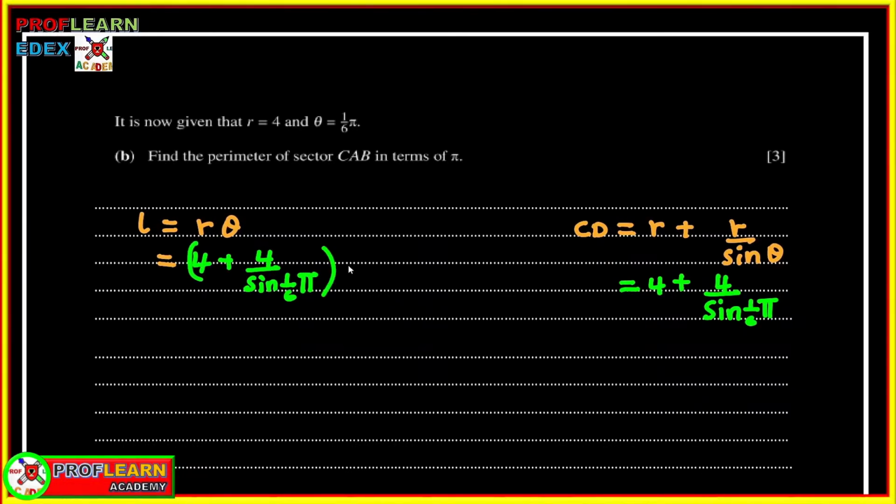Then we are going to multiply this radius by the angle, and the angle is going to be 1 over 6 pi times 2, which is going to be 1 over 3 pi.